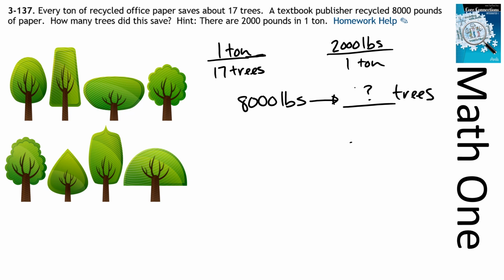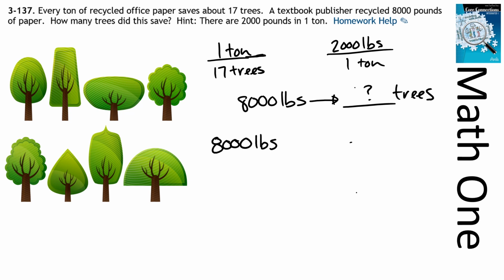Well, let's start with our input, right? Our input is 8,000, and that's pounds of paper. I'm going to take that number and multiply it by something, because I want the pounds to cancel out.